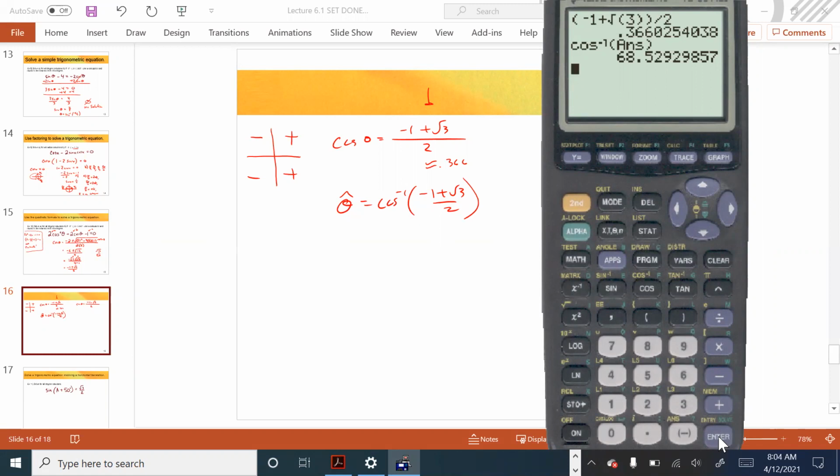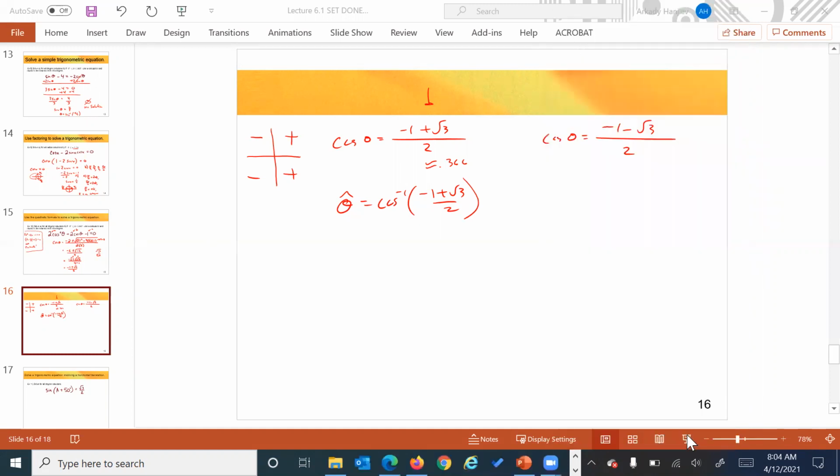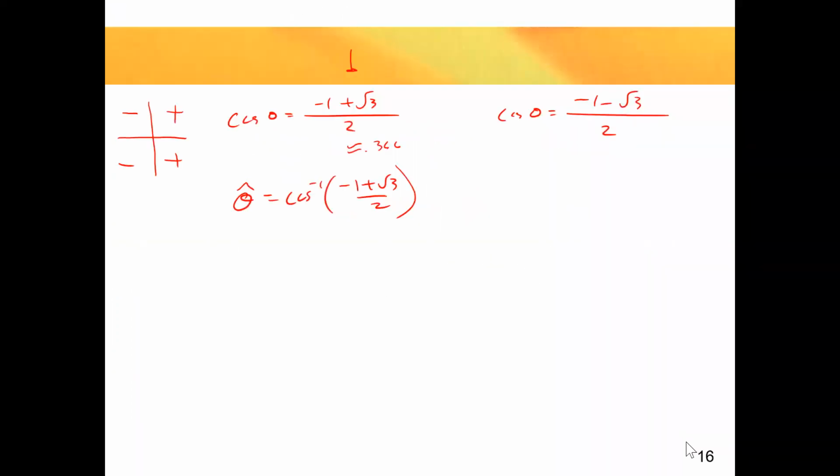Grant, you good there? Calculators okay. All right, are we okay with 68.5? Okay, I see shaking of heads. This is good. So theta hat is 68.5. That means I just got the one that is in quadrant 1. There's my 68.5. But I also know that cosine is positive in quadrant 4. So I also have to get this one. Talk to me, guys. How do I get that one?